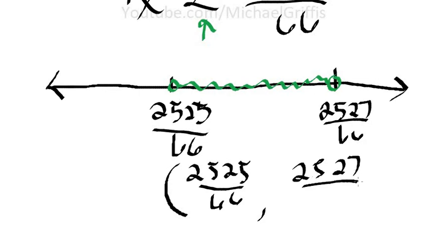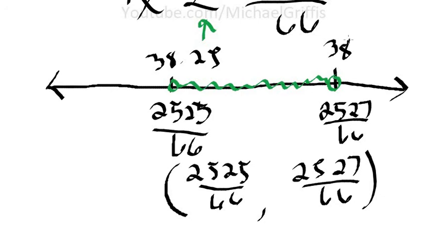Now this is actually a really small interval. I guess you'd say it's a small interval because this number here is approximately 38.25 if we were looking at the decimal representation of it, and this one is 38.28.